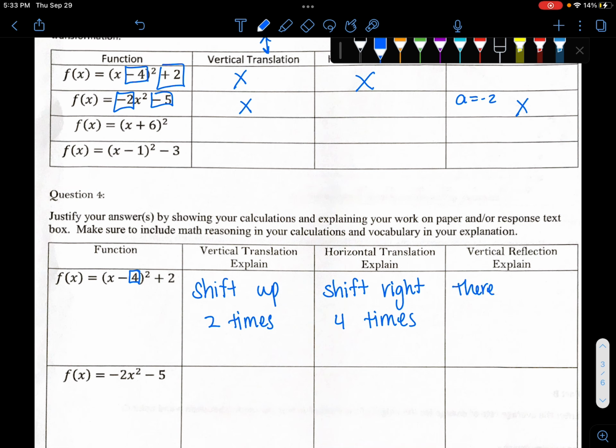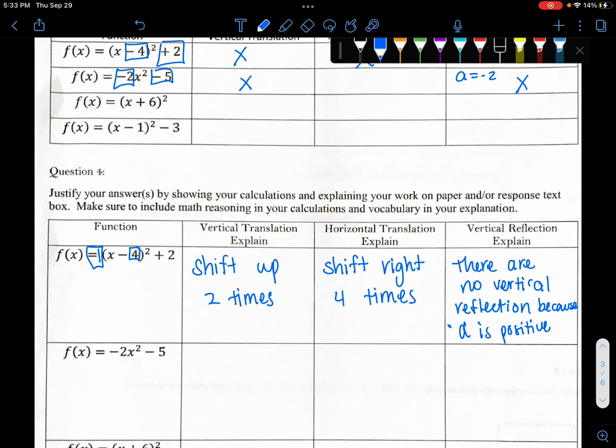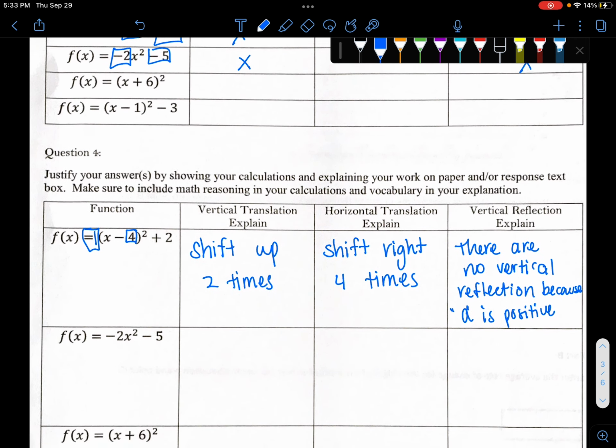There is no vertical reflection because A is positive. The A is this number right here. Okay, so you should be able to explain the second one.